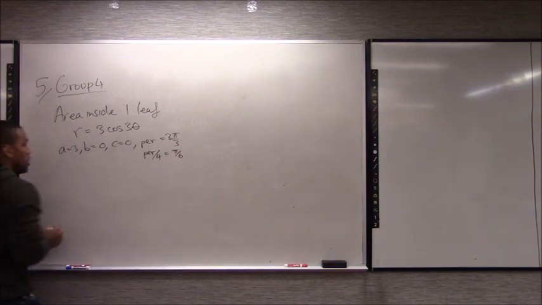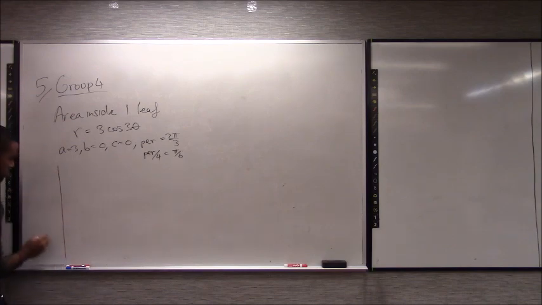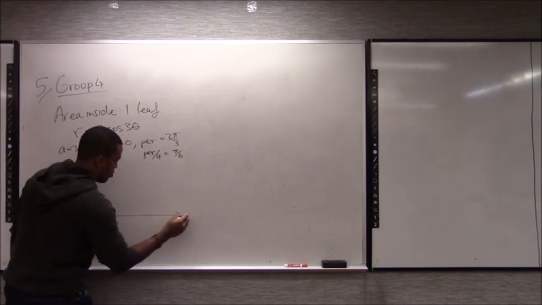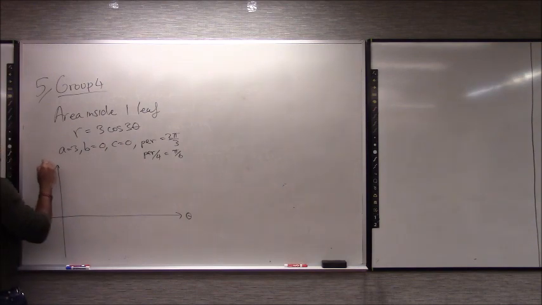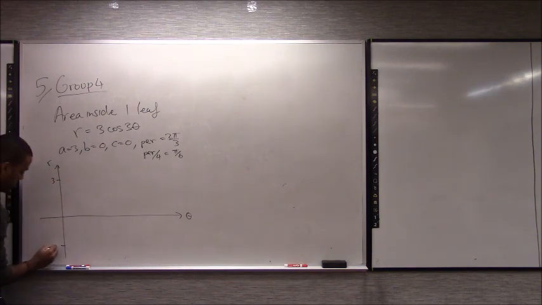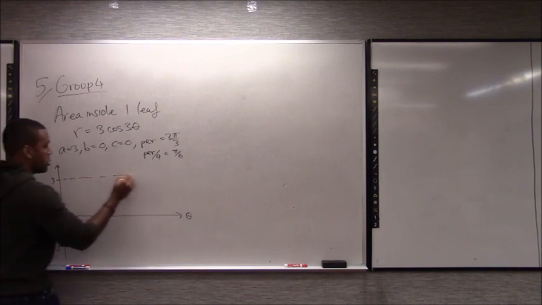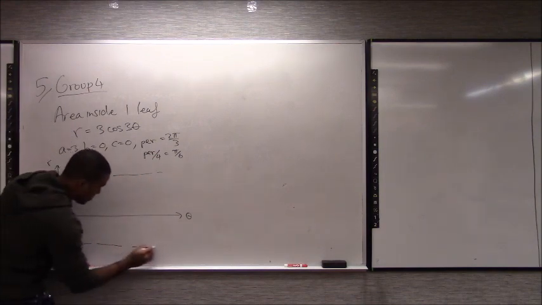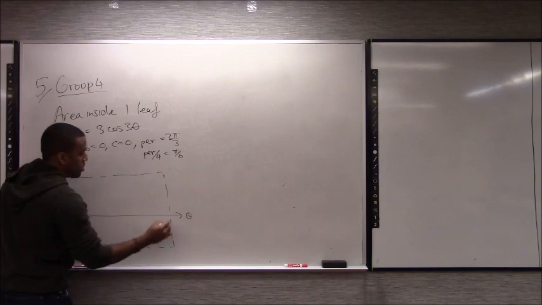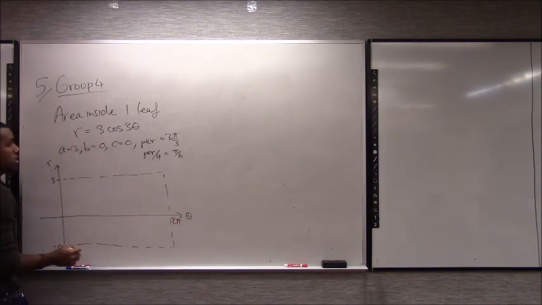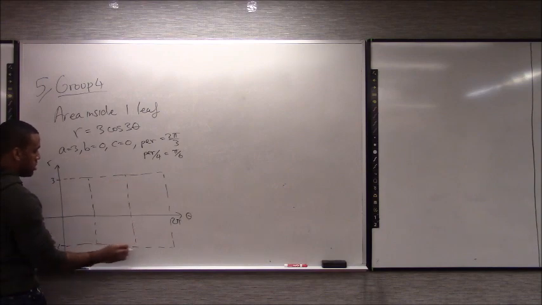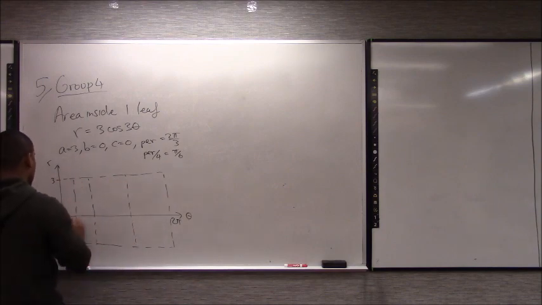So go down, boom, boom, boom, boom, boom, boom. Theta versus r. We go up and down by 3 from the center point of 0. This is 2 pi here. 2 pi over 3 is 1 period. So something like that. Split each of those into 4.